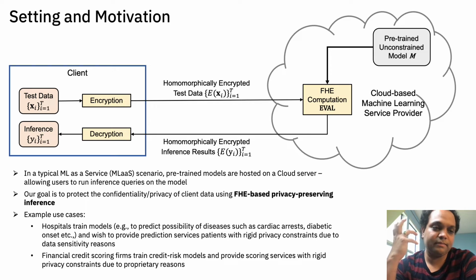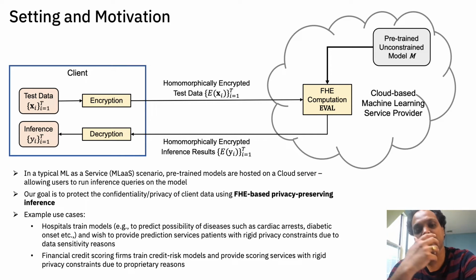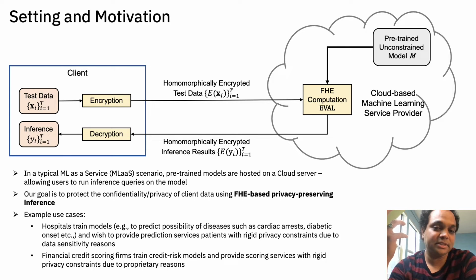For a quick example, this is a typical hospital setting where you have a major hospital, for example, owning patient data and can build models on top of the patient data to predict, say, diseases such as cardiac arrest, diabetes, or cancer, some such disease.